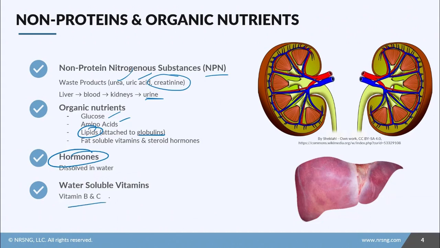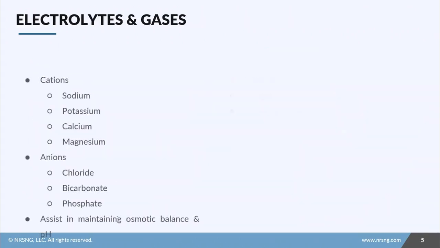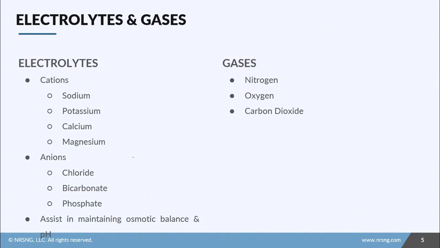including vitamin B and C. These are water soluble vitamins. And there are some fat soluble vitamins, which are A, D, E, and K, and you need to know the difference between the two. We also want to take a look at electrolytes and gases because they are transported in the plasma. So in the plasma, electrolytes, such as your cations and anions, are going to be transported.